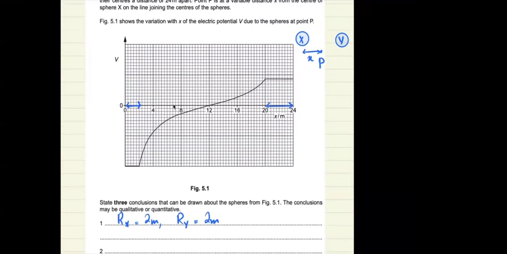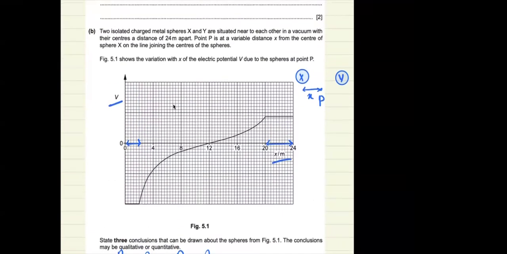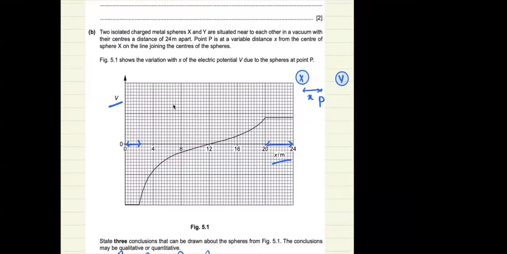Then I can also see this as a Vx graph. So I know that taking the gradient, I can basically get the electric field strength, right?